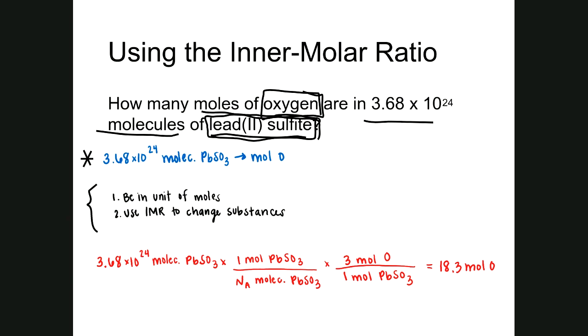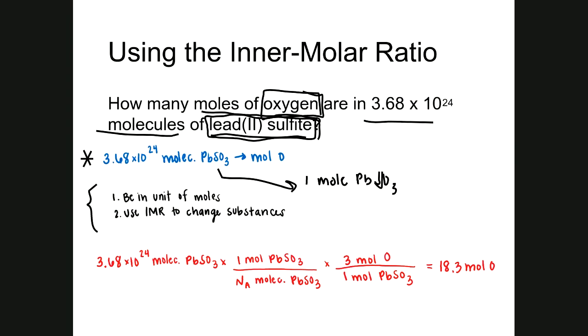So we can see from the compound that for every 1 mole of the lead-2 sulfite, let's see if this will let me write. Oh, not really. All right, you know that's the compound PbSO3.